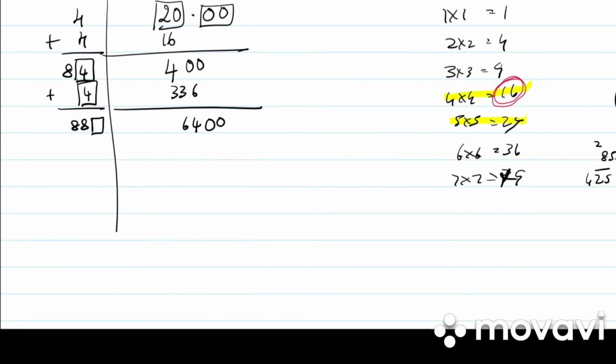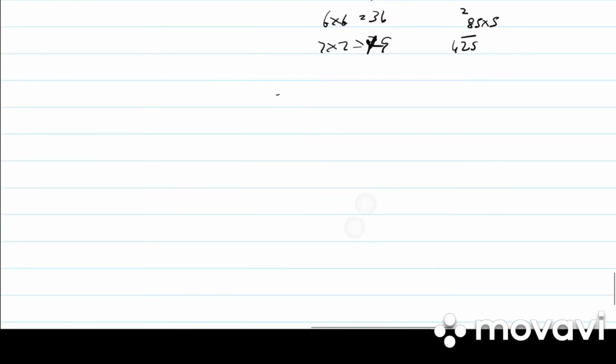Again we need to assume a particular number. 887 into 7. 7 7s are 49.